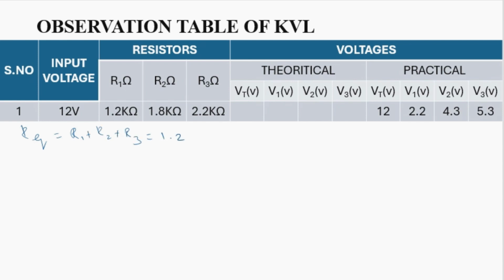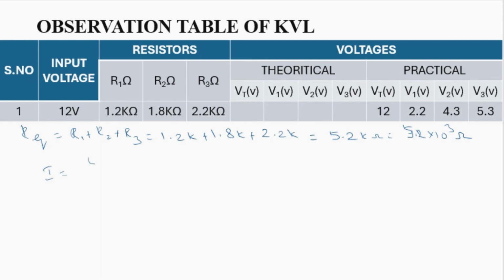R1 is 1.2 kilo ohms, R2 is 1.8 kilo ohms, R3 is 2.2 kilo ohms, which equals 5.2 kilo ohms, 5.2 into 10 power 3 ohms.